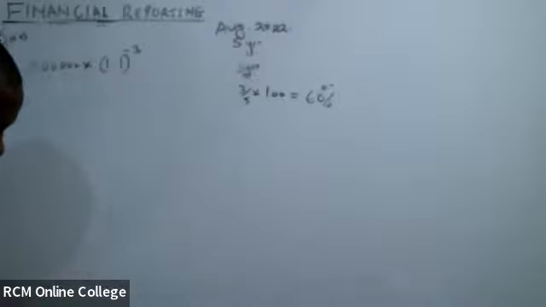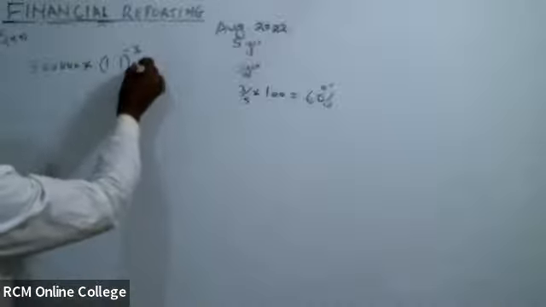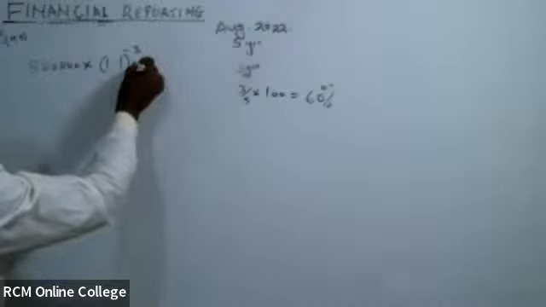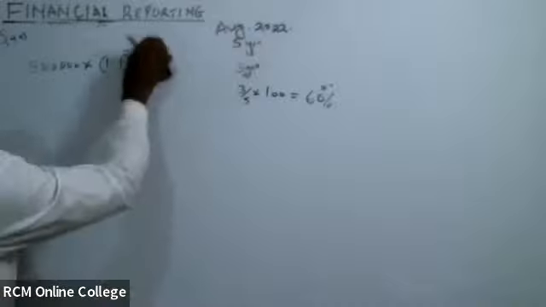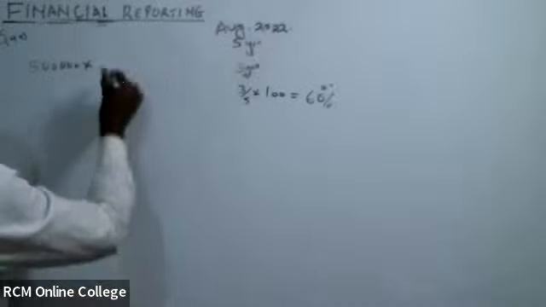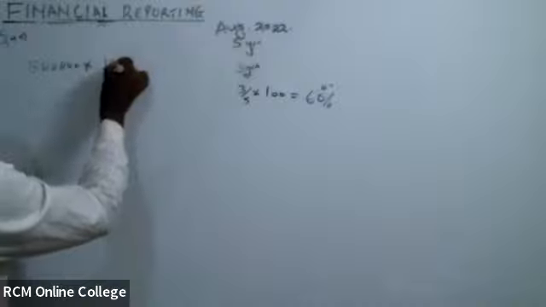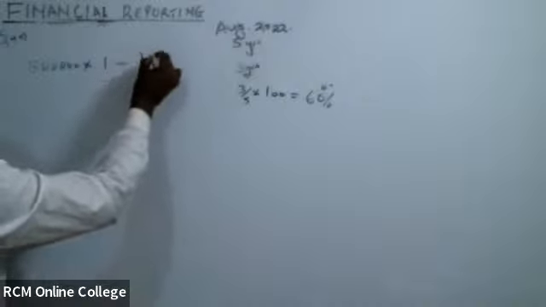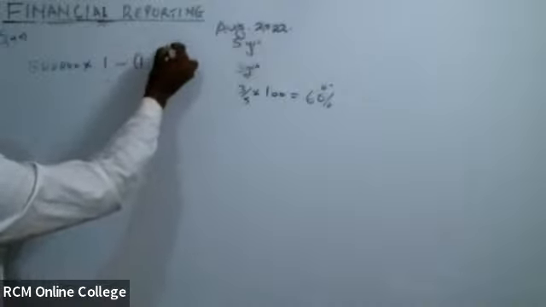How much will that be? Although this is an annuity, I can opt to use the annuity formula. It will be 1 minus 1.1 to the power -3.